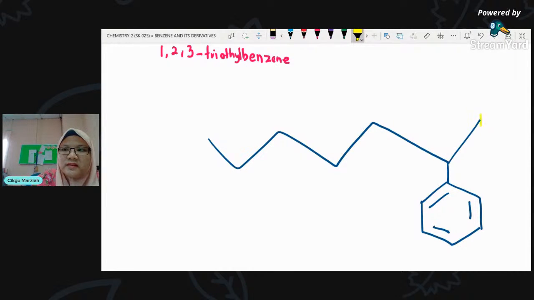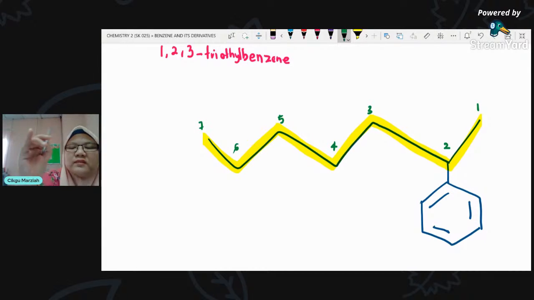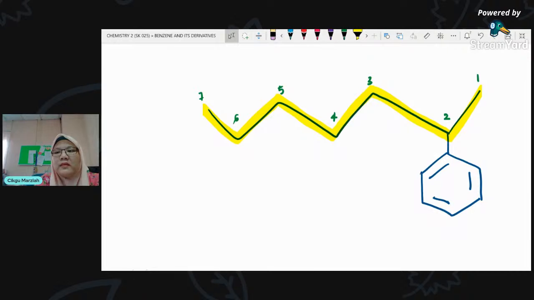And now the parent chain contains 1, 2, 3, 4, 5, 6, 7, which is the longer carbon chain compared to benzene. So the parent is the straight chain too. So this is carbon number 1, 2, 3, 4, 5, 6, 7. So because carbon number 2 is attached to benzene and benzene is not the parent, it becomes the substituent.